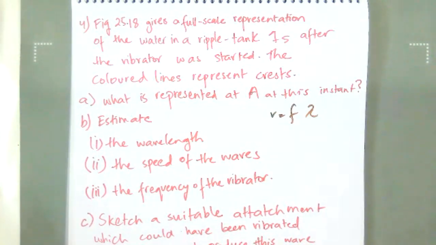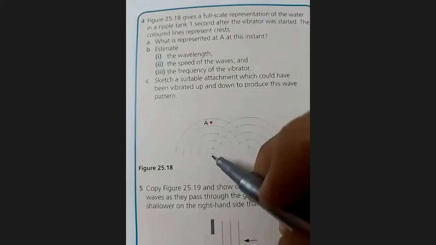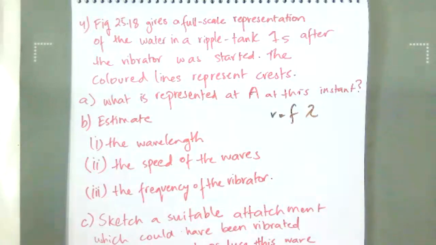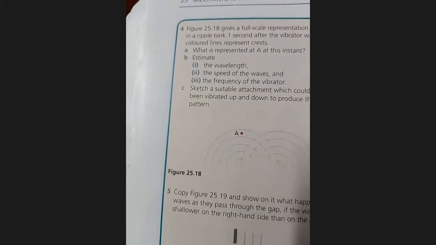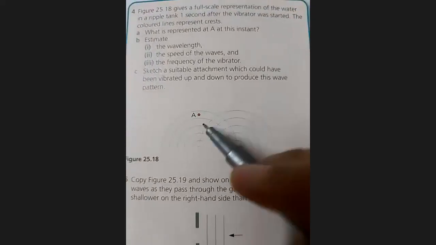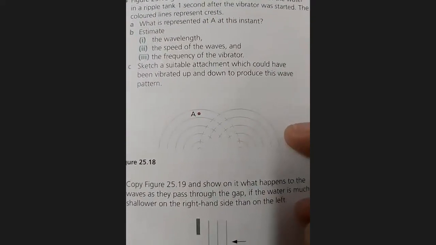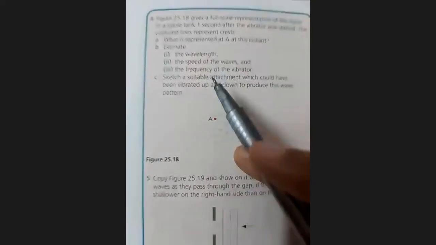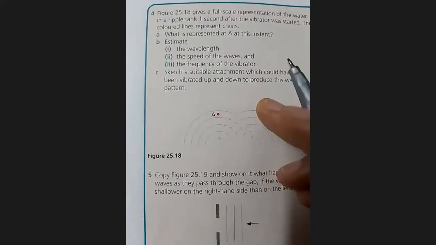Therefore, you can go ahead and measure. Sundus, measure. You have a ruler? Let me get one. Measure the distance between the two crests. Or if you have a ruler, please go ahead and measure and let me know. I don't have a ruler with me.